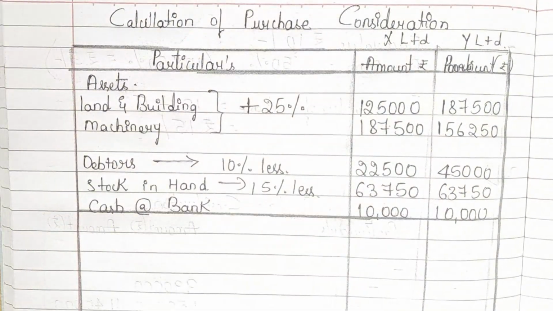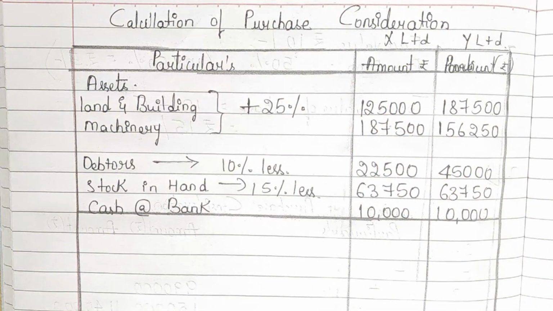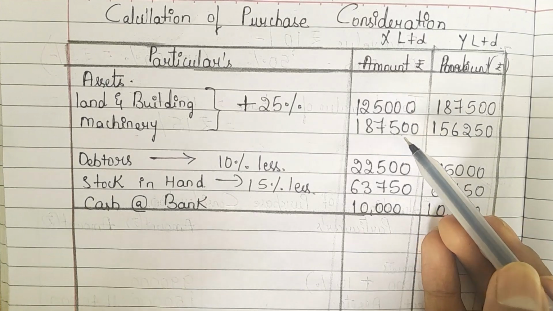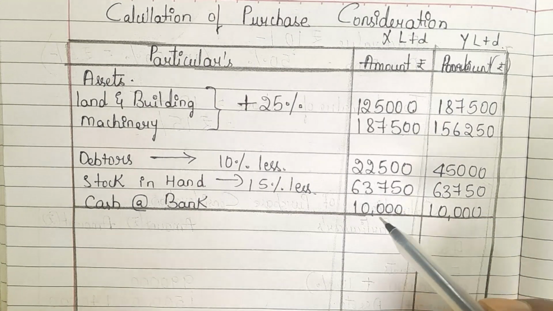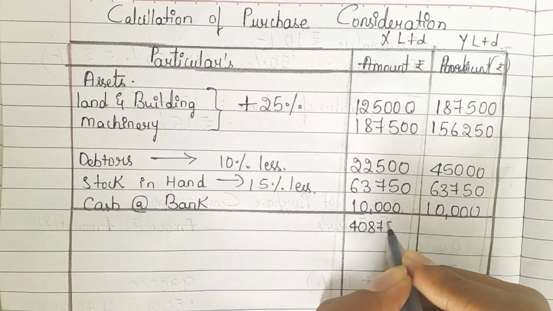Here you need to add all these values. When you add 1,25,000, 1,87,500, 22,500, 63,750 and 10,000, you will get 4,08,750.